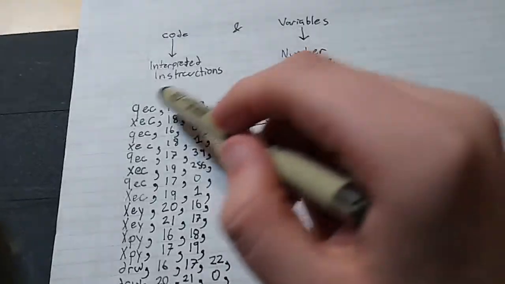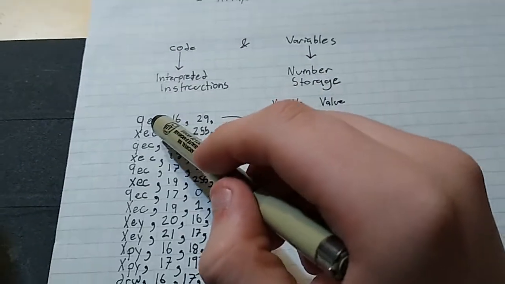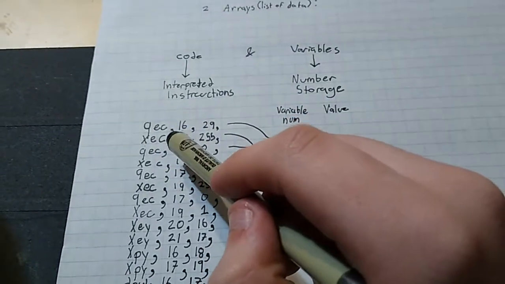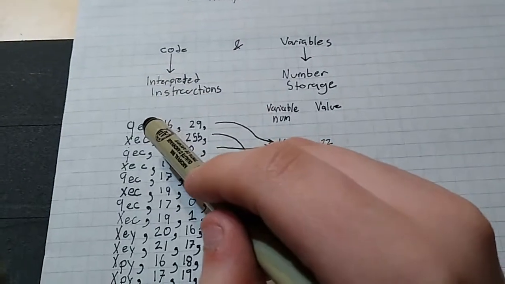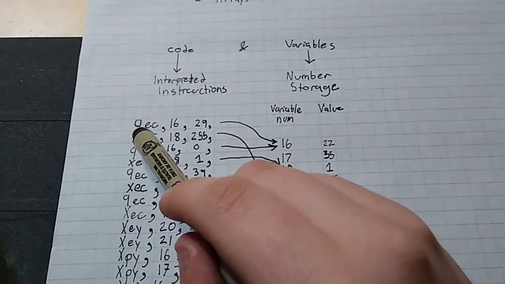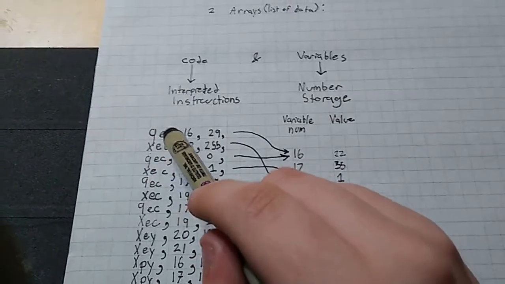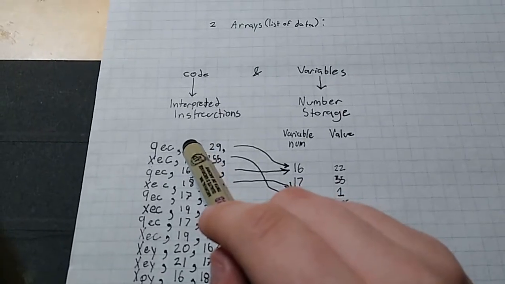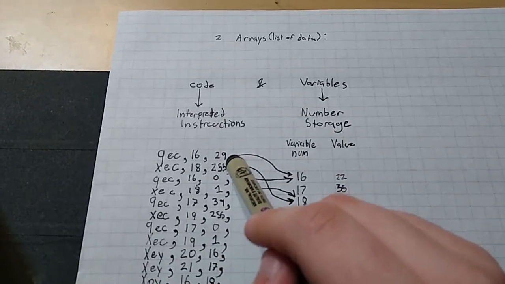What happens here is that the interpreter comes down and looks right here, that QEC. The QEC tells the interpreter that it's a question and you want to see if the variable equals a constant. So does variable 16 equal 29?